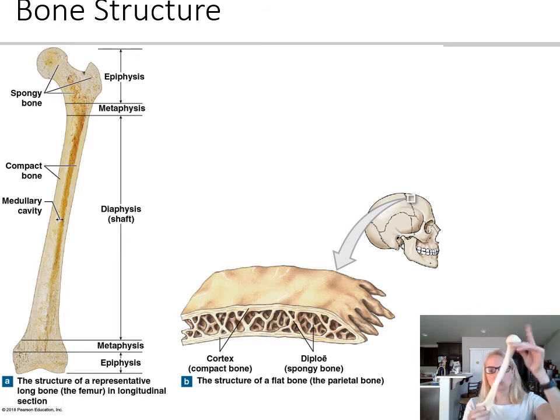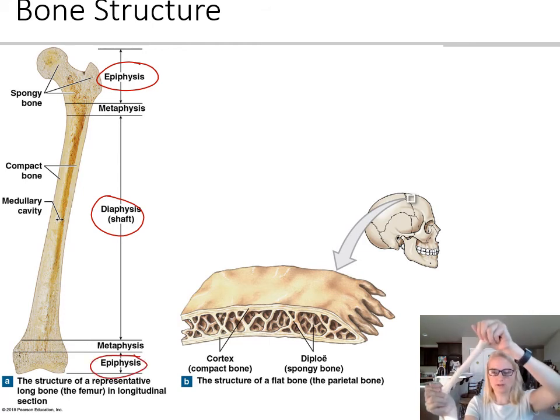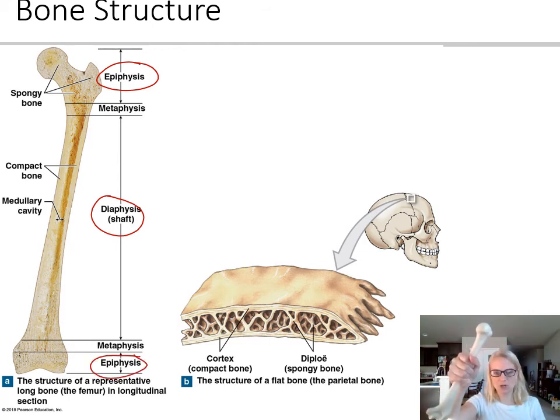So when you're taking a look at long bone anatomy, you have the two ends, right? So the two bulky ends of the bones, these are called the epiphyses, or epiphysis for singular, epiphyses for plural. So these are just the bulky ends. And then the shaft of the bone, the long skinny part, is called the diaphysis. Okay, so you've got two epiphyses right here, and then diaphysis is the shaft.